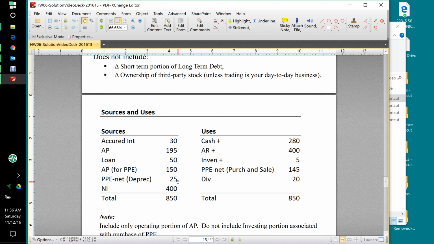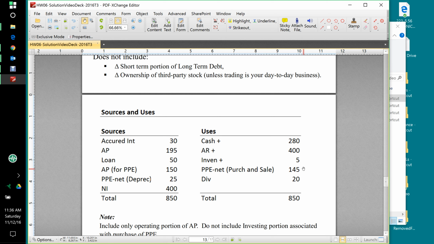Again, we're going to leave that depreciation thing alone because we used it already for cash associated income. We leave net income alone because it's the first line of our indirect cash flow statement. We've already had that here. And let's see what else we have here. We definitely want to include changes in net PPE from purchase and sale, and we want to include the dividends.